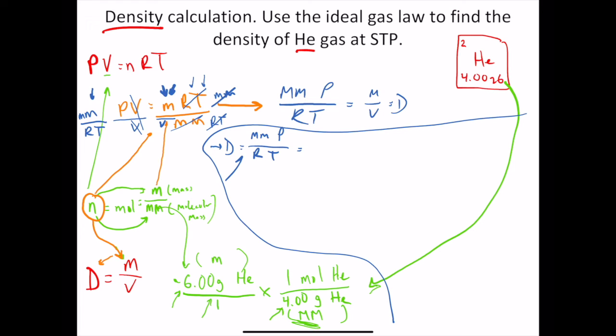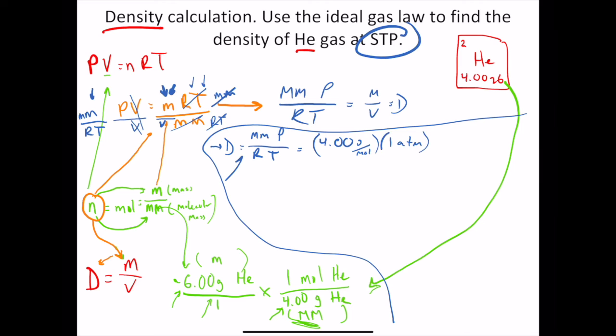So molecular mass. What's the molecular mass of helium? It's 4.00. Molecular mass was grams per mole. And then the pressure. It says everything's at STP, so the pressure is going to be 1 atm.